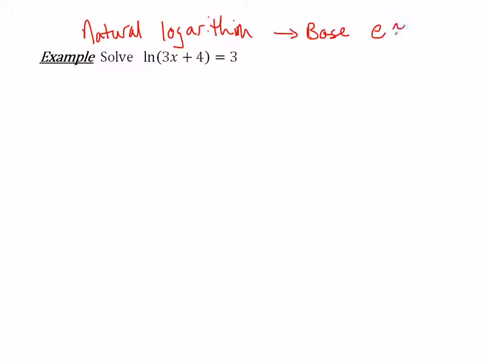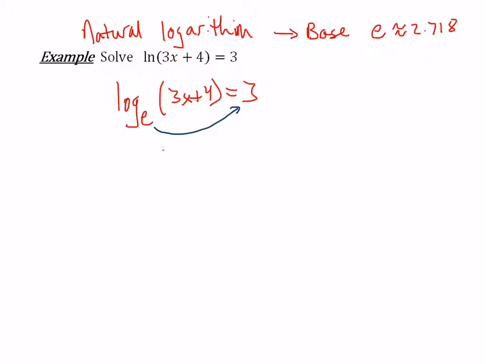It's about 2.718. It's kind of like pi. But there's this base. So this is like saying log base e. We don't usually write it this way. Not a big deal if you do when you're getting used to things. So it's going to act just the same, but we've got this number e. And this number e, it's about 2.718. So it's going to act like the 6 or the 10 did in the last couple of problems.